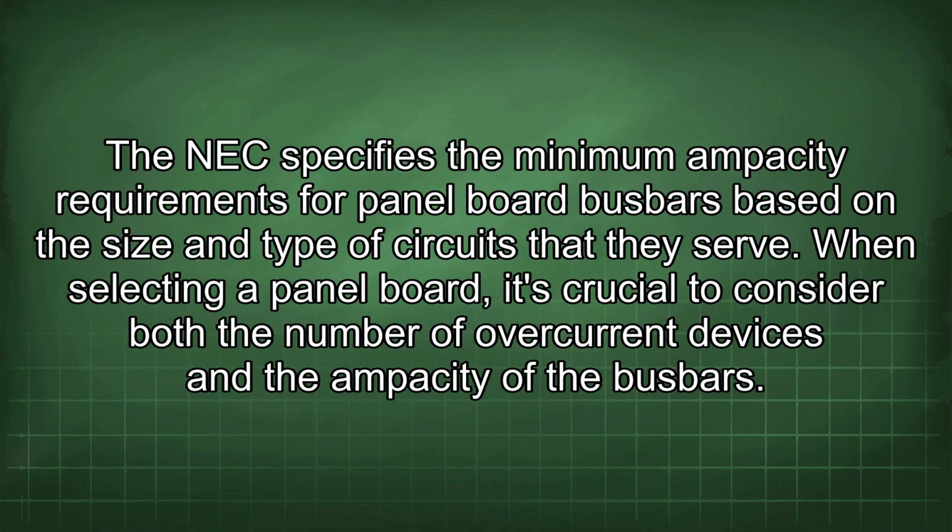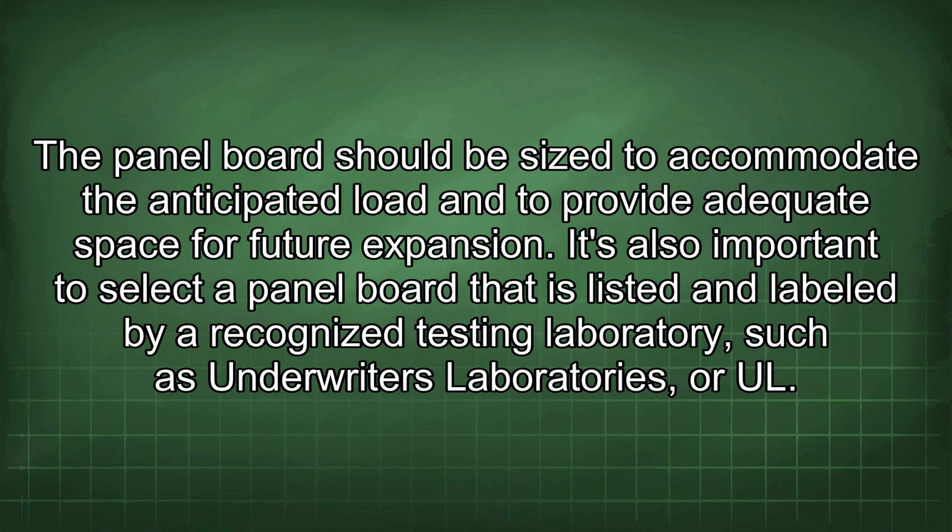The NEC specifies the minimum ampacity requirements for panel board busbars based on the size and type of circuits that they serve. When selecting a panel board, it's crucial to consider both the number of overcurrent devices and the ampacity of the busbars.